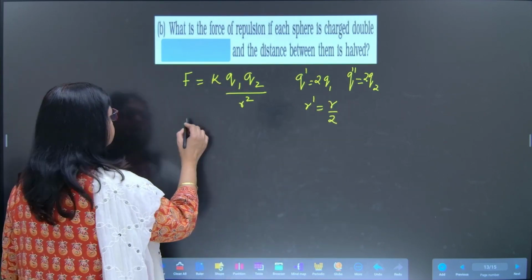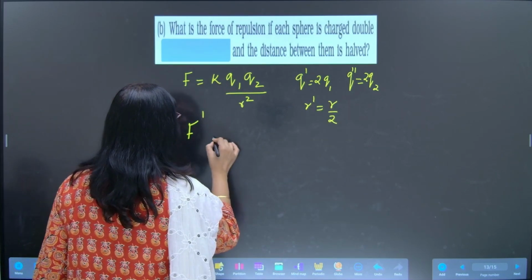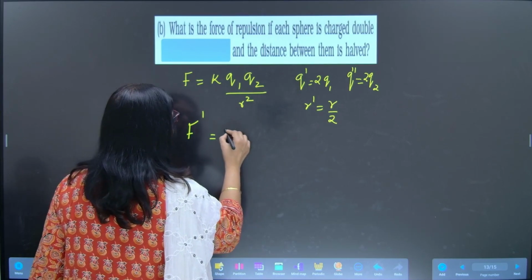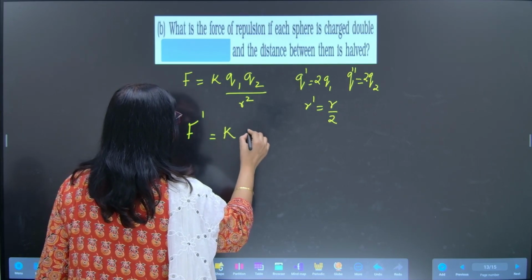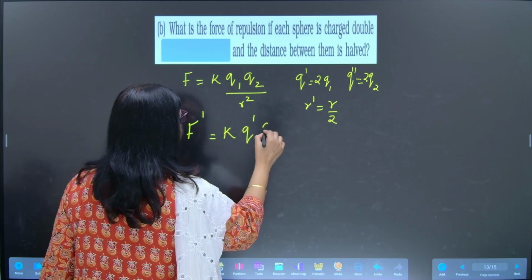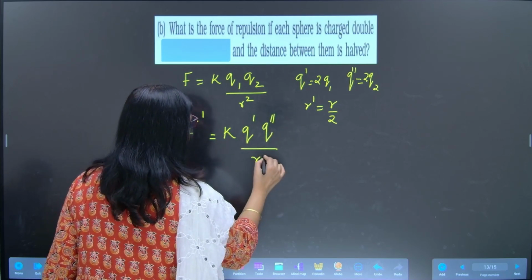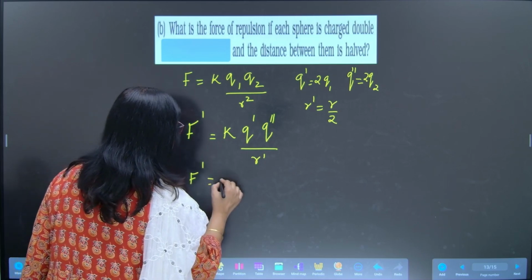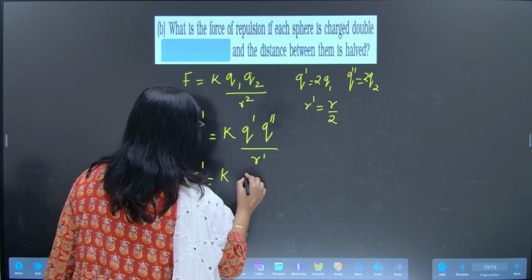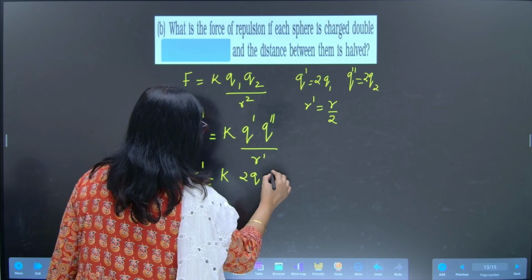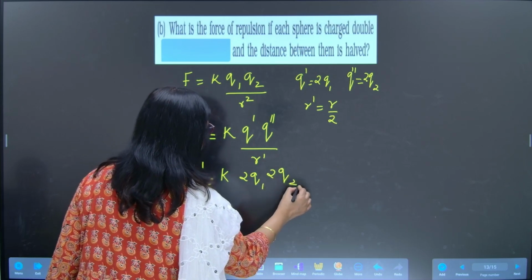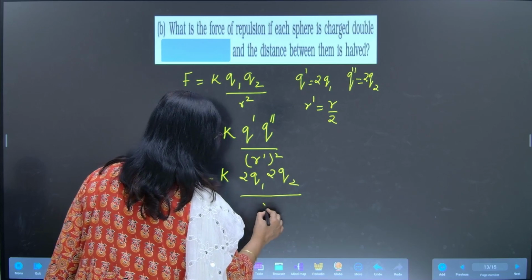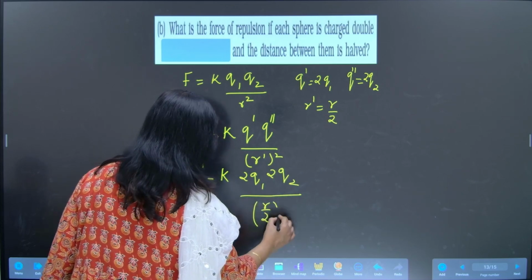Okay, so let us substitute these values in the new force due to the new given charges and the new given distance, which is F dash is equal to K Q dash Q double dash upon R dash square. Substituting these values, we have F dash is equal to K 2Q1 2Q2 upon R dash, which is (R upon 2) square.